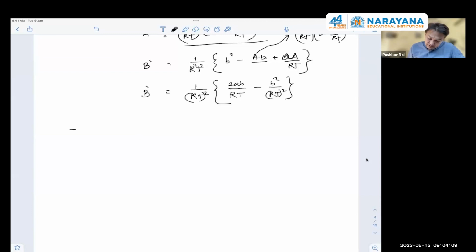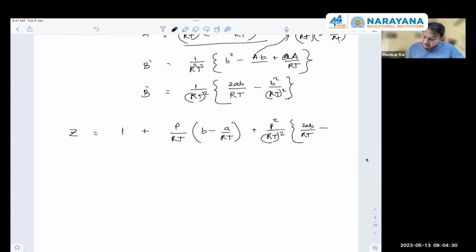So that comes out to be Z equals 1 plus P upon RT, B minus A by RT, and then plus P square upon RT whole square, 2AB upon RT minus B square upon RT whole square, plus higher order terms. So in this way, if you can take two terms at least, we easily get dz by dp.